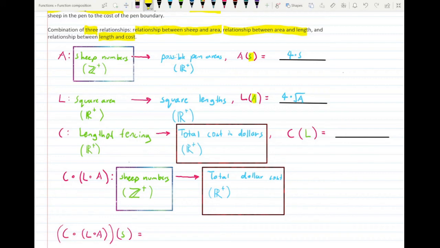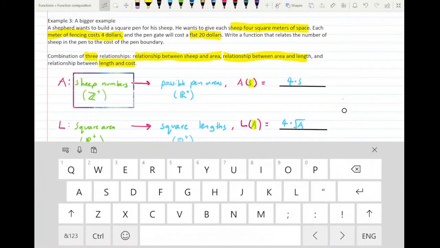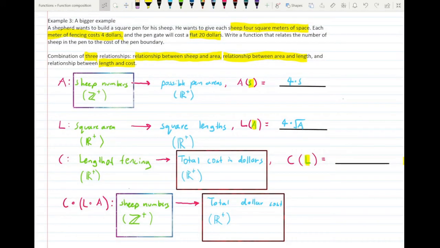And finally, we want to take our length and figure out what cost each length will give us, right? We'll have C, this function, that inputs a length of fencing and outputs a total cost in dollars. We'll have C of L maps to, well, let's see, 4 times the length, because each meter costs $4, so 4L, and then plus the flat 20.